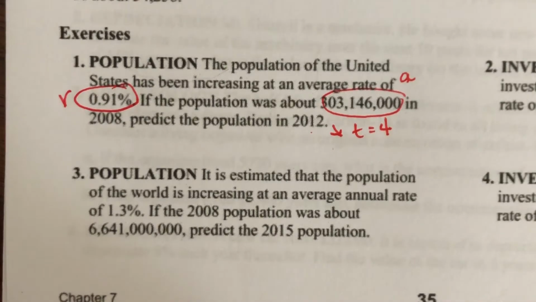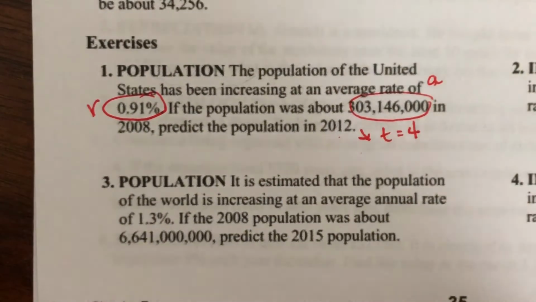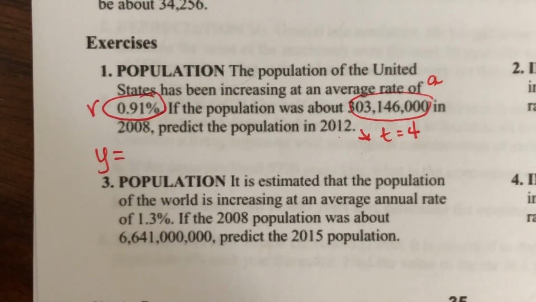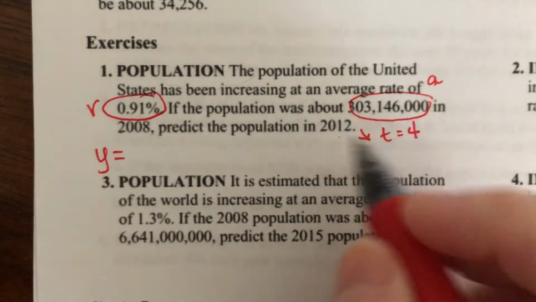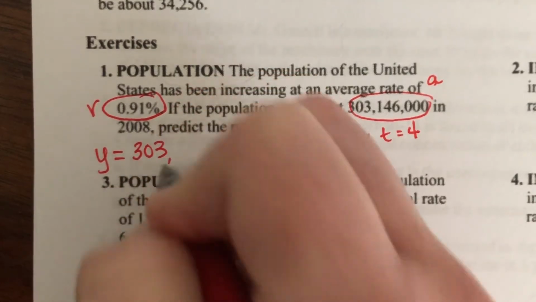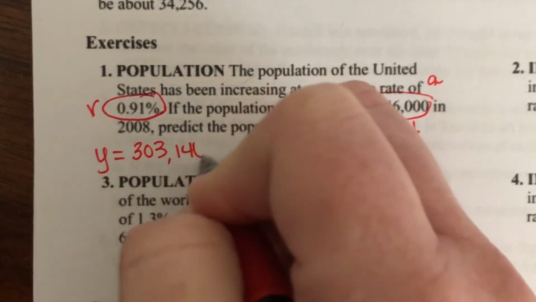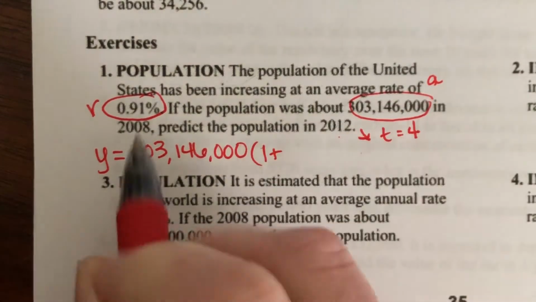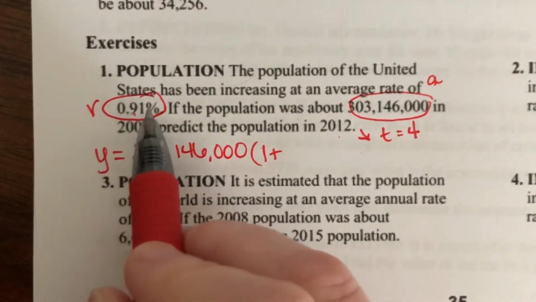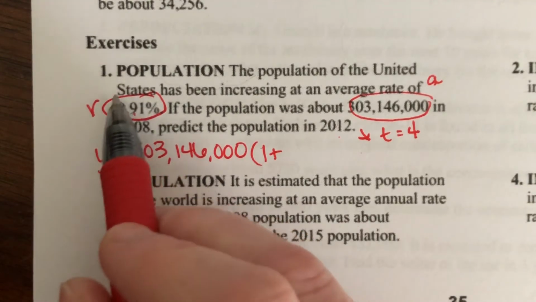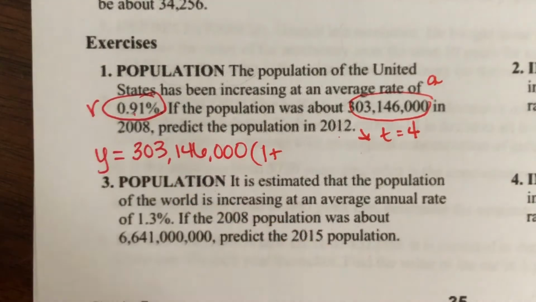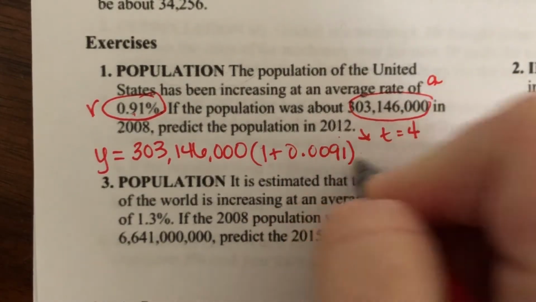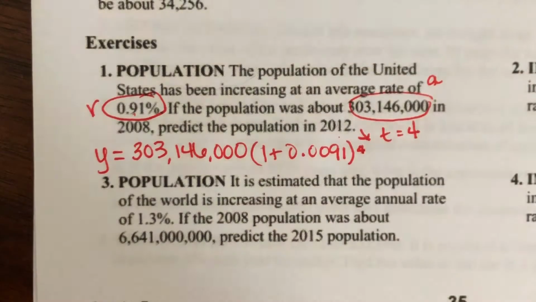So we're going to set up our equation, simplify it, and solve it. We have y equals A times 1 plus R to the T. A is 303,146,000. 1 plus R. Remember, this isn't just a decimal, it's a percentage, so you still have to divide it by 100 to put it in decimal: 0.0091, raised to the 4th power.